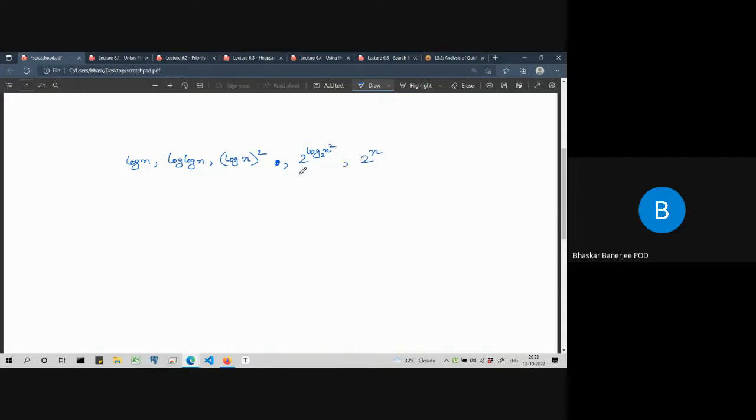And we ask you which asymptotic function is, I mean, select the proper sequence where the asymptotic functions represent the increasing order of growth.